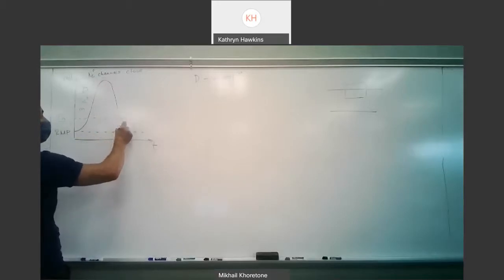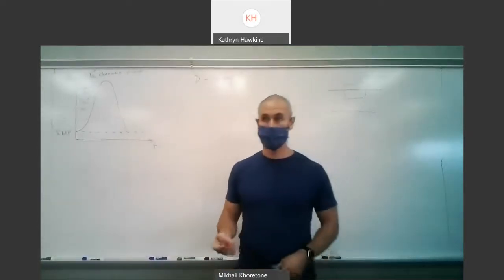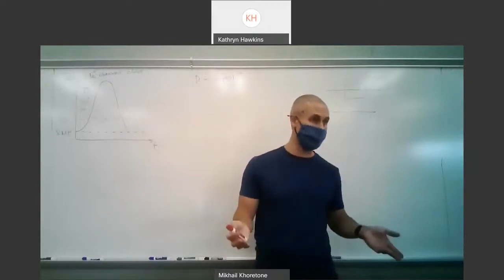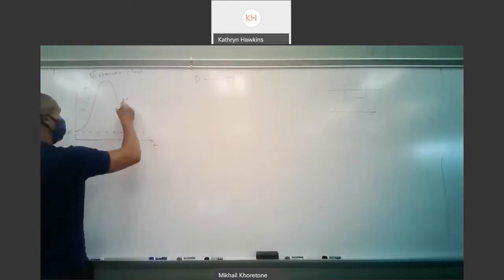Right? And potassium starts to flow out of the cell because concentration of potassium inside the cell is higher. Got it?